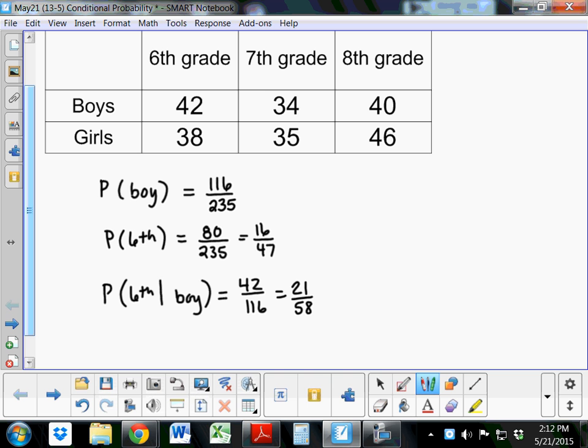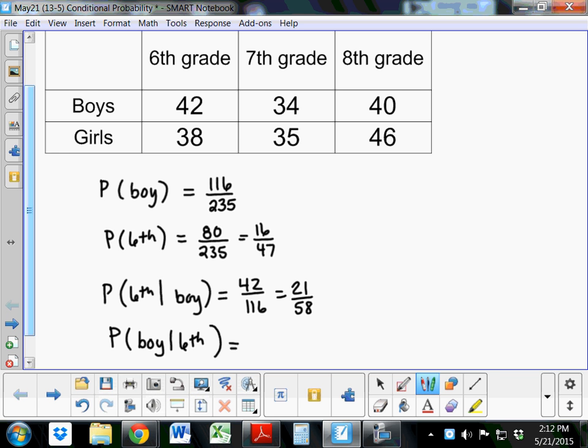Okay. Let's flip it around and look at how it would change if I said boys, given that you're in 6th grade. So think about the second thing as the category. I'm saying I want the probability you're a boy, assuming you are in 6th grade. So the 6th grade is the category I'm putting you in, your total.